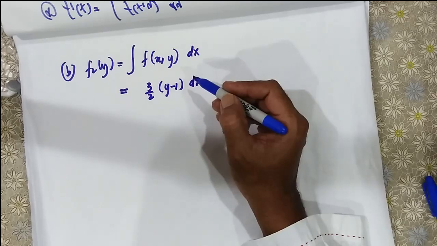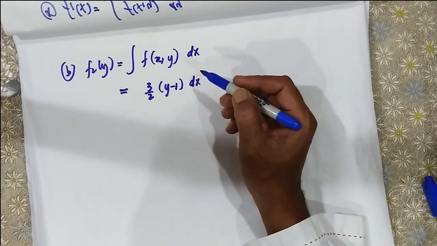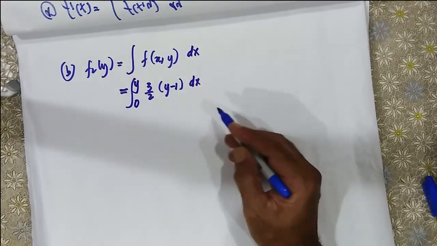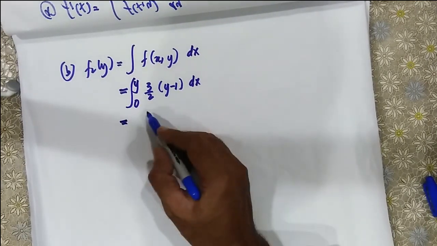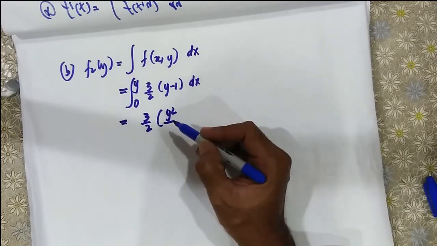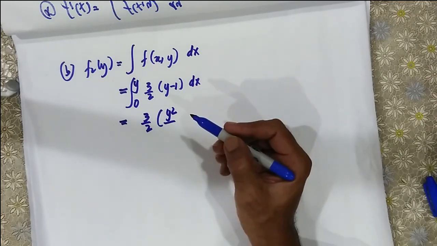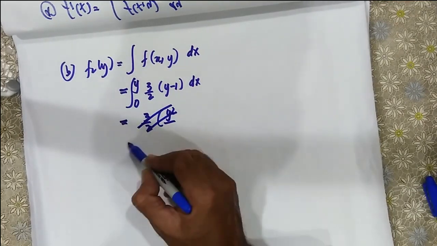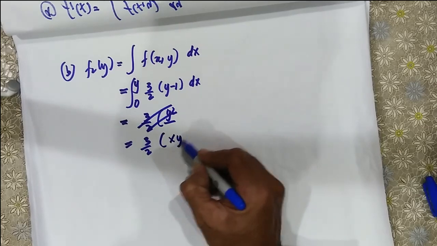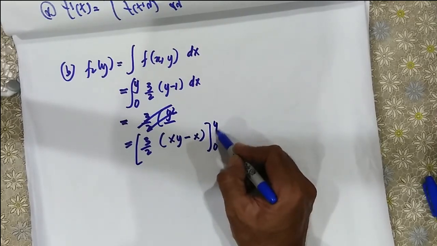The range for x is from 0 to y. So if I integrate here, we get 3 over 2 integrated with respect to x, (y minus 1) x, then substitute from 0 to y for x.